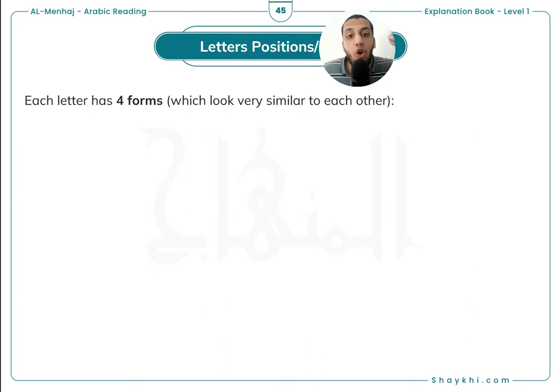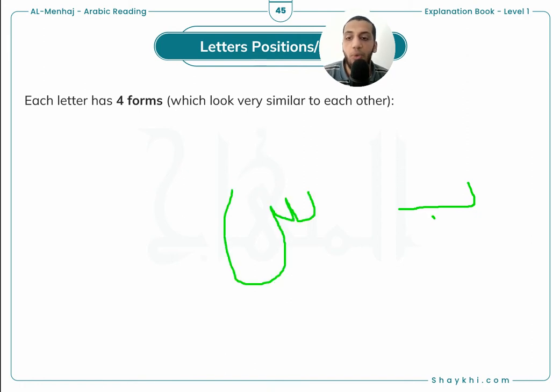But what if we put this letter in words? For example, we have the letter ba, the letter sin, and the letter ta, all in the isolated form.